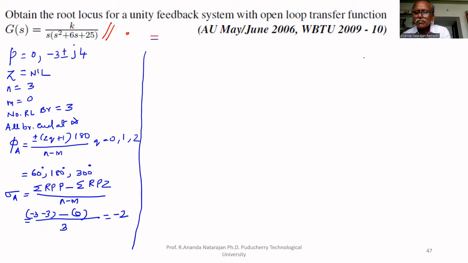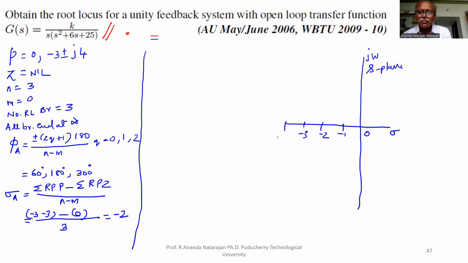So now let us draw the root locus. Sigma, j omega, s plane: 0, minus 1, minus 2, minus 3, minus 4, j, 2j, 3j, 4j, minus j, minus 2j, minus 3j, minus 4j.